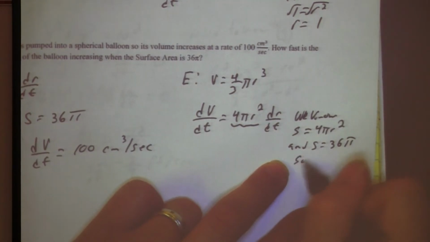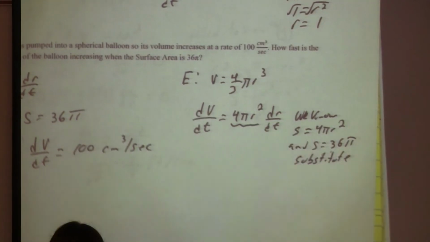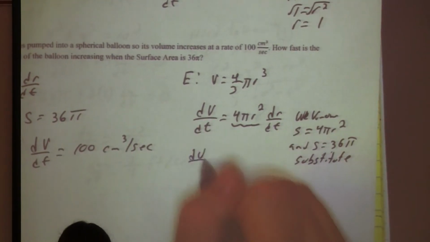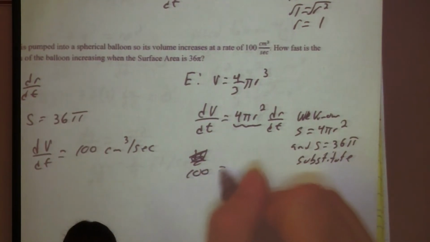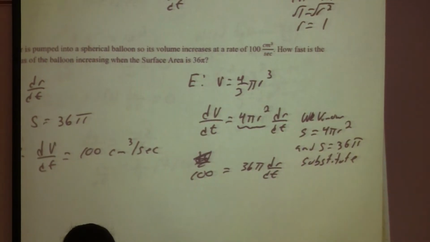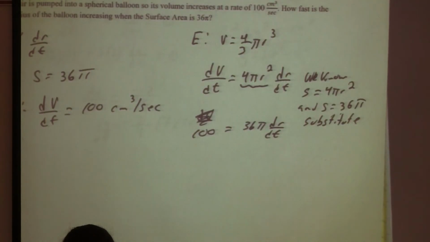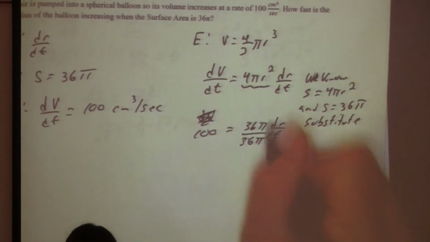So all we have to do is substitute it. So we're going to get dV/dt, whoops, what's dV/dt? 100 is equal to 36 pi dr/dt. Now all I have to do is divide by 36 pi.